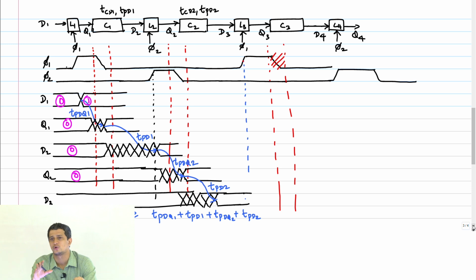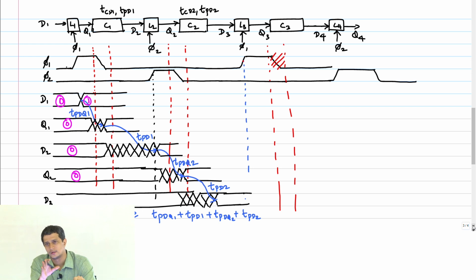Right now we are saying it should not go after the falling edge. So it cannot go all the way till there, correct? That depends on the splitting of the combinational block. Basically, it depends on how much time you are borrowing.